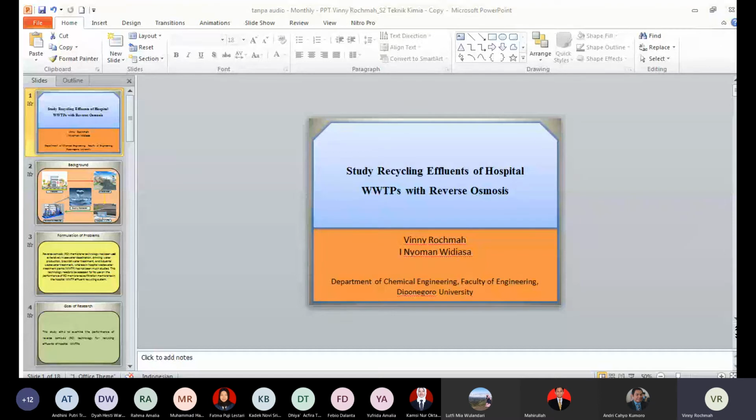Background: a hospital is a means of health effort to carry out health service activities, and in carrying out its function it produces various types of water. One of them is liquid waste. If not managed properly, it can have a negative impact on the life of living things and the environment.